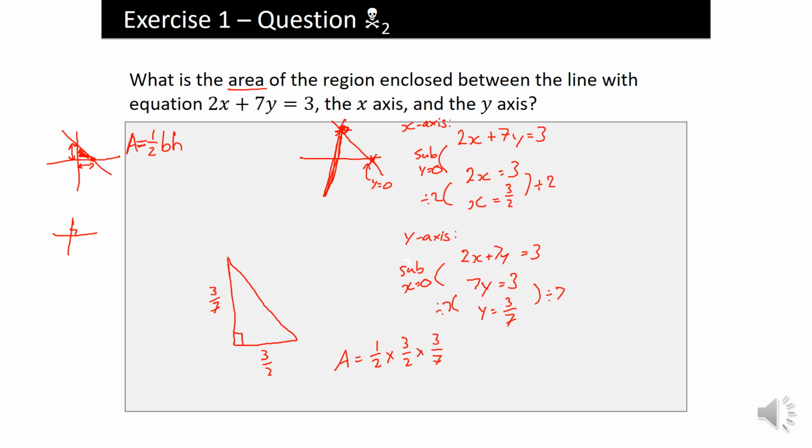So we've got half base times height, and then we work it out, and that should give us the area. We've got three fractions all times together, so times the numerators times the denominators. So we've got 9 on the top over 28. And there's no common factors there, so we just leave it as 9 over 28. If you wanted it as a decimal, that would be fine as well.